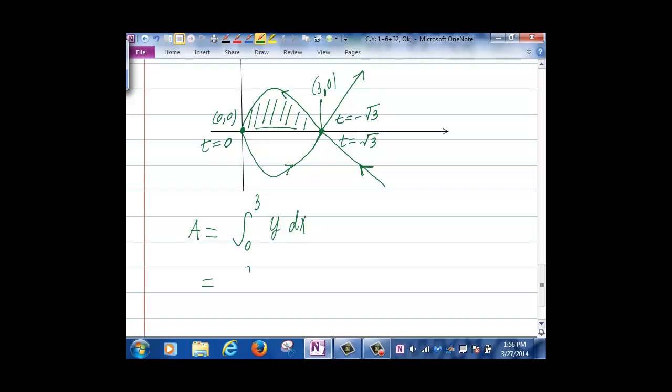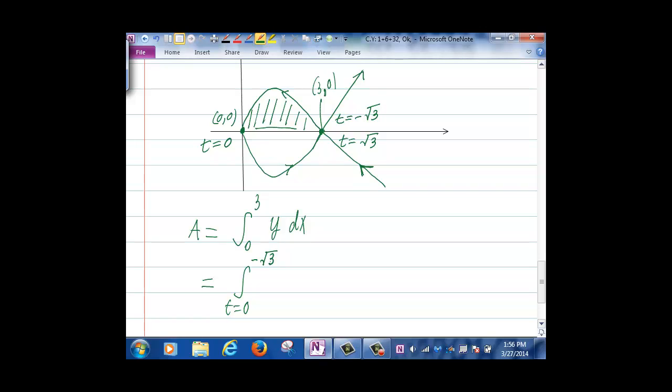At time 0. So t goes from 0. And when is x 3? You have to take negative root 3, because remember, it comes up, and at negative root 3 is the first time it hits this point. So you have to go to negative root 3.